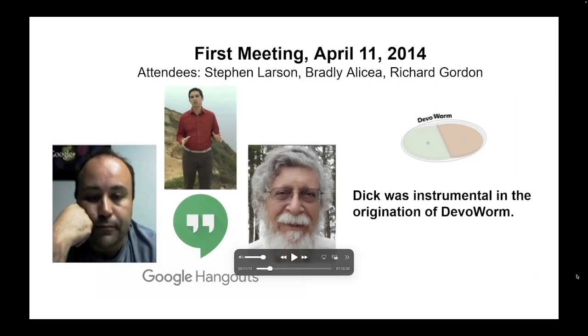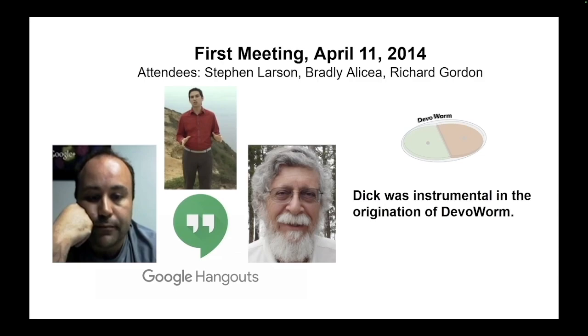Then we started DevoWorm. This was our first meeting, April 11th, 2014. We got together with Stephen Larson, who was one of the people at the time spearheading a lot of the OpenWorm collaborations. And we started DevoWorm, actually in response to a GitHub issue.